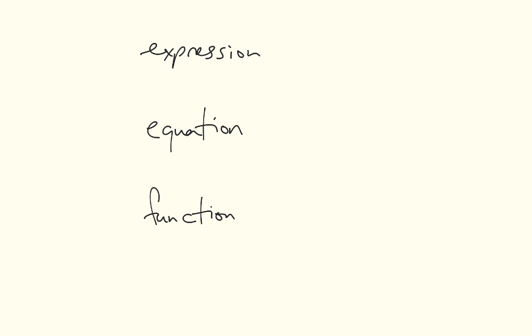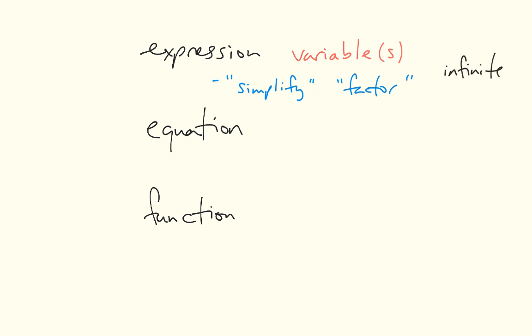So, to summarize, an expression will have variables in it, maybe one, maybe more. In this course, you will be asked to do things like simplify your expression or factor an expression, but ultimately, we never find out what that expression actually represents, a definite amount, unless you are given numbers with which to evaluate it.